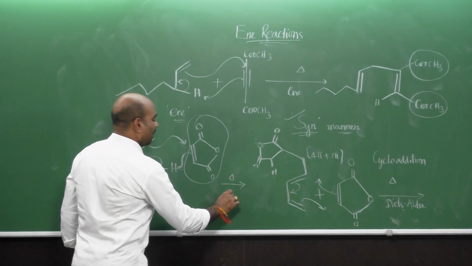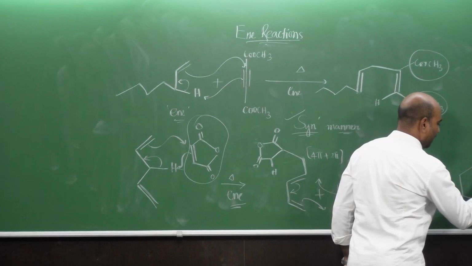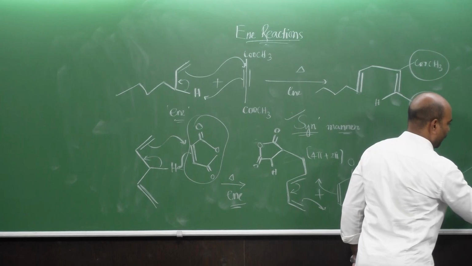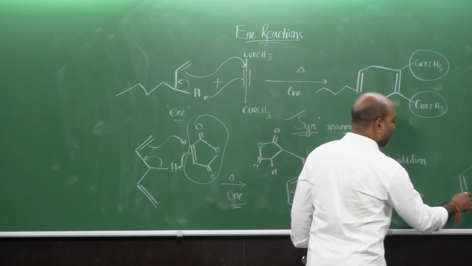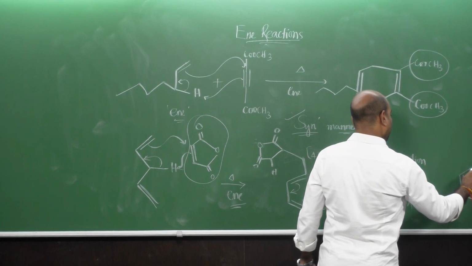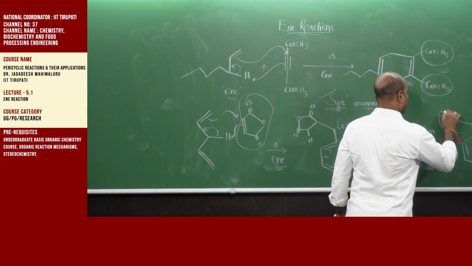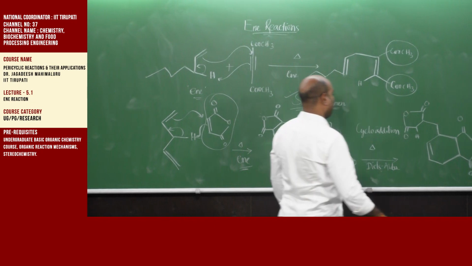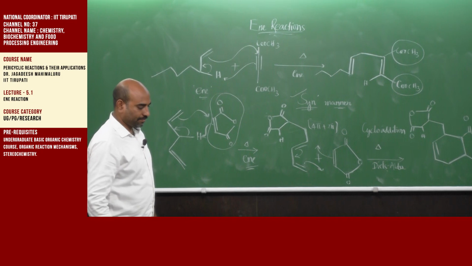So, ene reaction followed by Diels-Alder can be seen here. So, this is going to happen, two new sigma bonds are formed here, this one and this one, right. And then, so already we have this one, okay. So, that is the final product of this reaction.